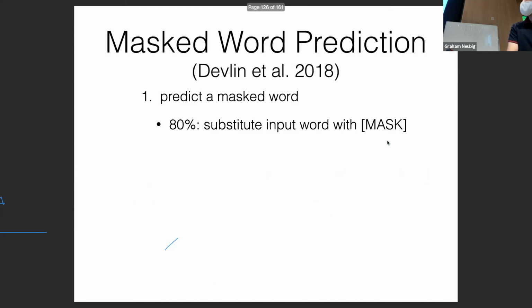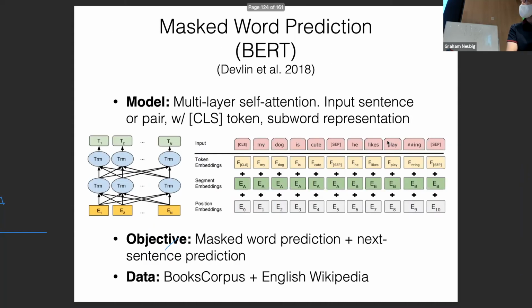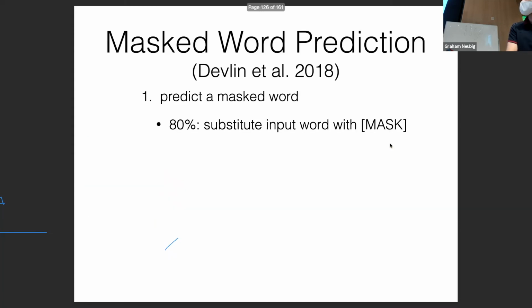So masked word prediction, basically what you do is you mask out a word in the input, and then you try to predict the word that was masked out. So what does masking mean? It means basically replacing the word with something else.